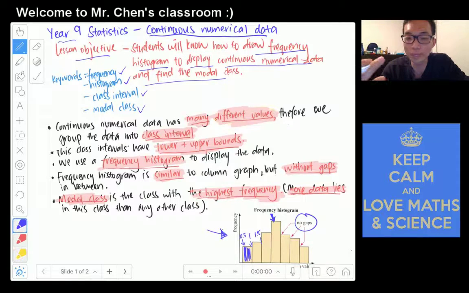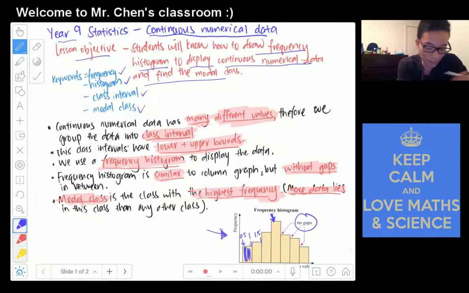In discrete numerical data, you have the result of counting, like one red jelly bean, two green jelly beans, and three yellow jelly beans, so it doesn't have as many different values. Because continuous numerical data has so many different values, we need to group it into class intervals.